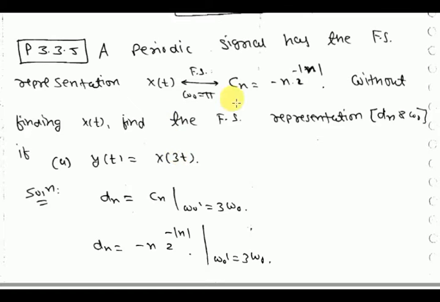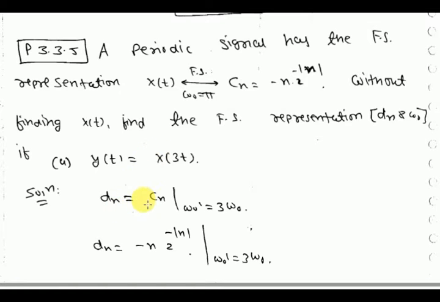One method is to find x of t from Cn, then use time scaling to find y of t, and then again find the Fourier series coefficients of y of t. That method is lengthy and we have to avoid it. Instead, we have Cn of x of t, and using the time scaling property we can find the Fourier series coefficients of x of 3t.